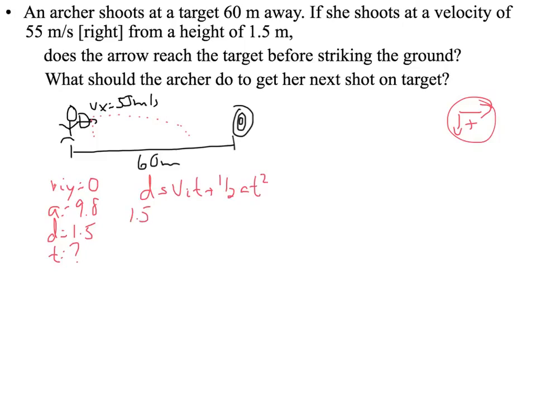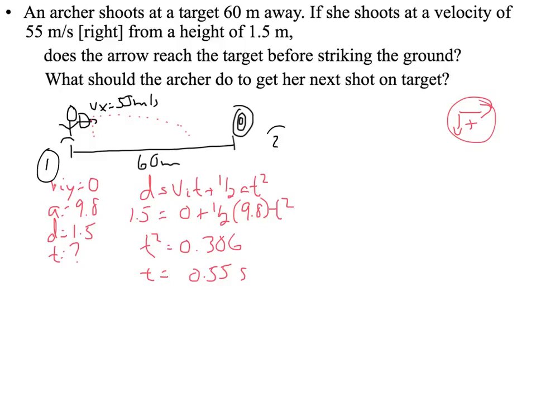Plug our numbers in, 1.5, that's 0, 1.5, 9.8, t squared. You do the math, you find that t squared equals 0.306, and therefore time equals 0.55 seconds. That is the time it takes for the arrow to hit the ground. Okay. So we'll call that part 1.